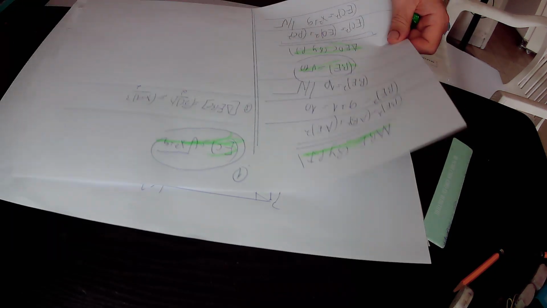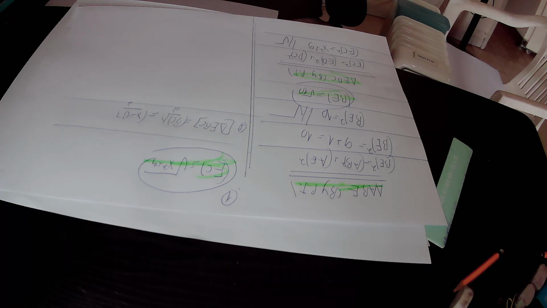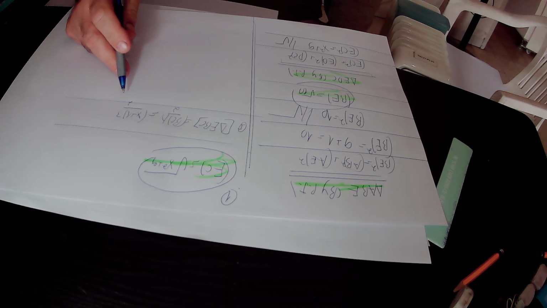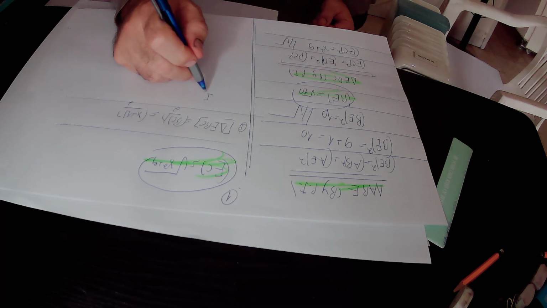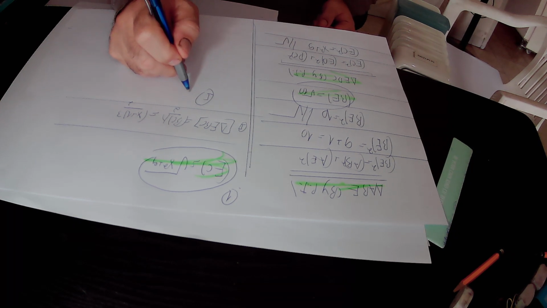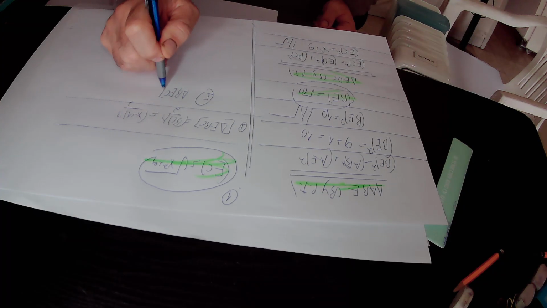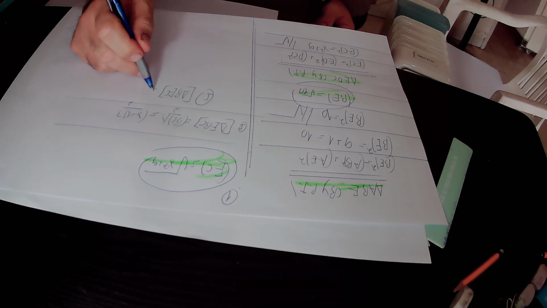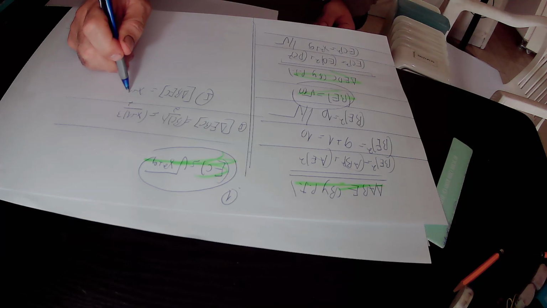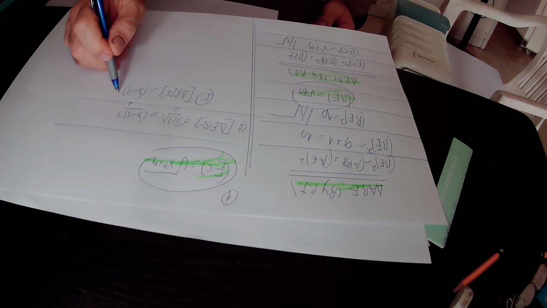In total, the area of the green triangle EBC according to the first method of calculation equals x plus 1 times 3 over 2.